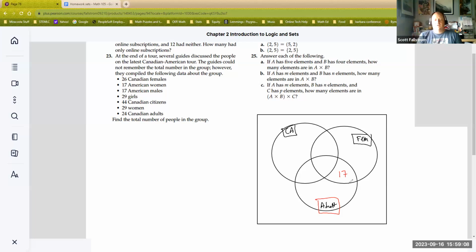Okay. Let's see here. Canadian female. So there's 26 Canadian females. Okay, so these two together is 26. I'll just put that temporarily because I do want to get rid of that because I want a number in each one of these spots if at all possible.